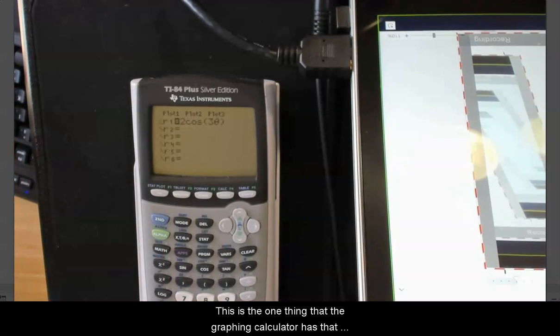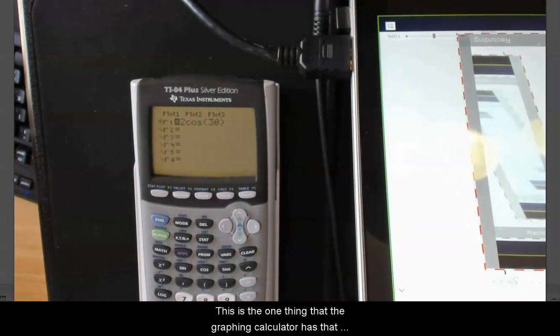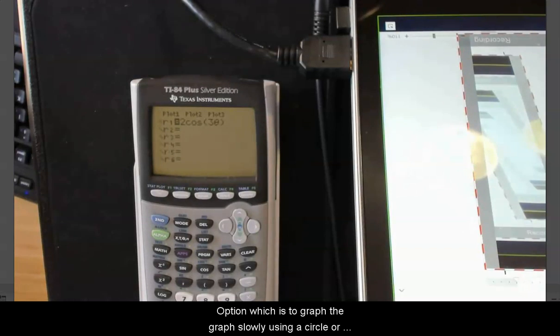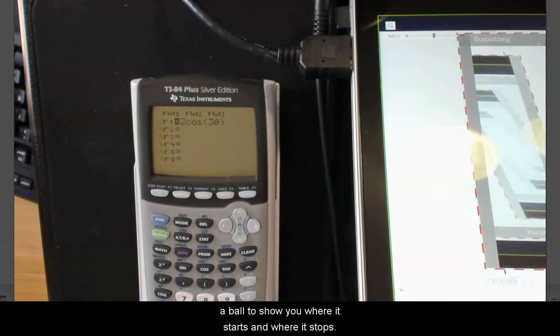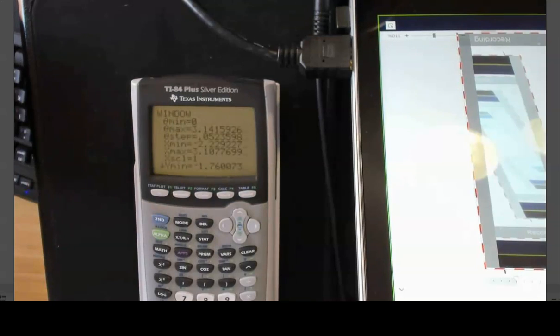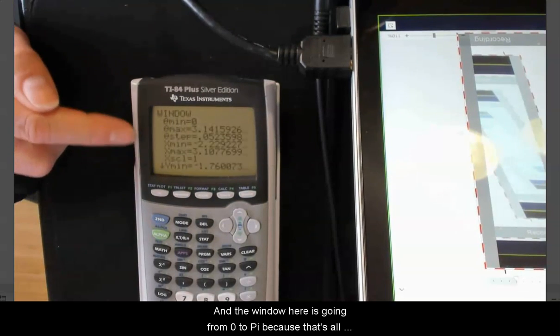Now, this is the one thing that the graphing calculator has that Desmos does not have: this option to graph slowly using a circle or a ball to show you where it starts and where it stops. So once I have that set, I go into window.